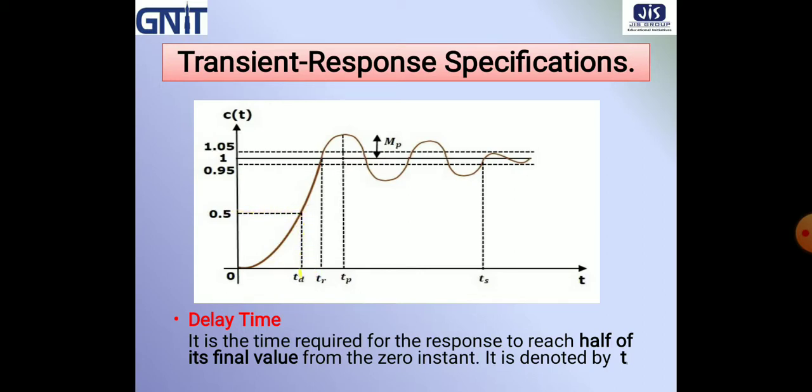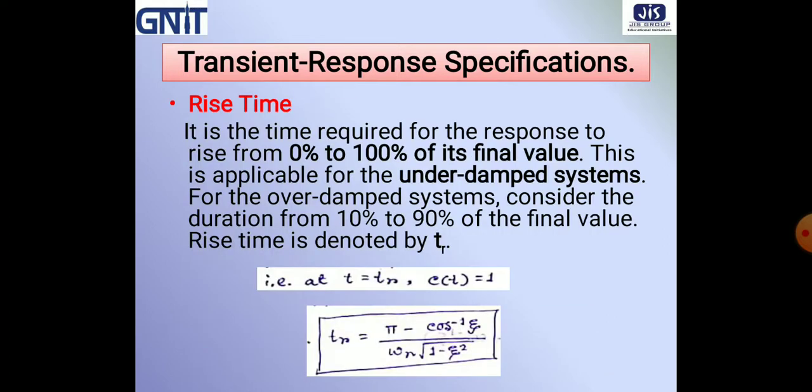That means if this is our 100%, this is our 50%. So it is the time required for the response to reach 50% of its final value. Suppose this is our final value 1 and it is our 50%, that is 0.5. That is our delay time.